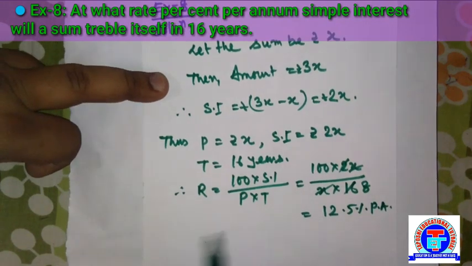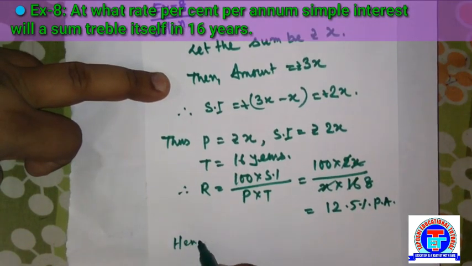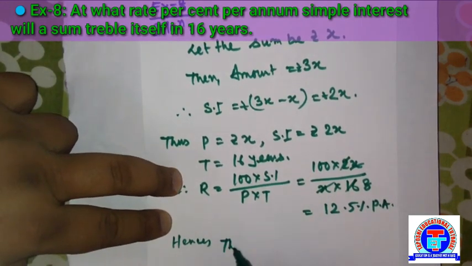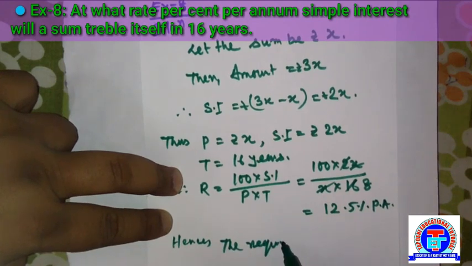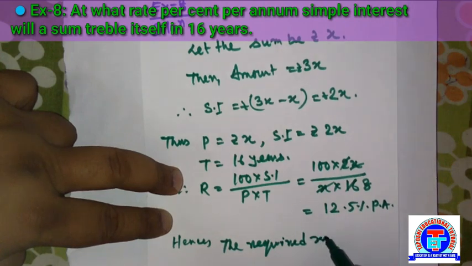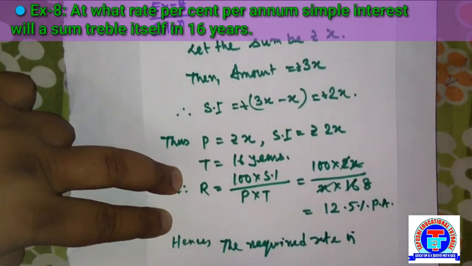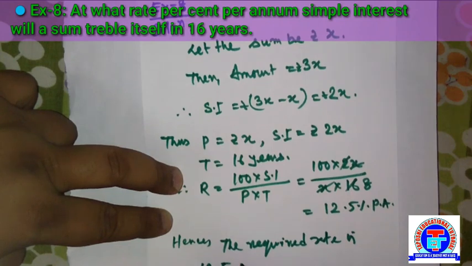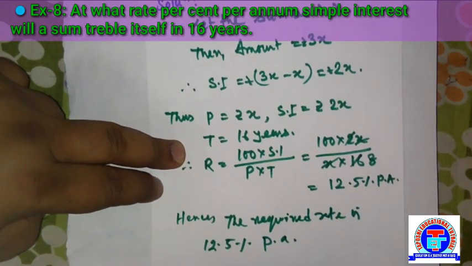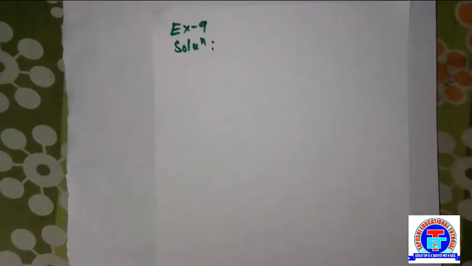Hence the required rate is 12.5% per annum. This is the answer, right student? Hope you clearly understood. Now my dear student, here problem number 9.